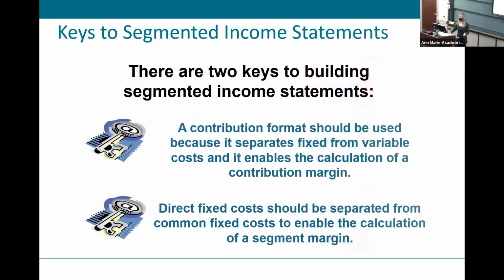All right. There are two keys to a segmented income statement. So if I'm evaluating a segment, I want to look at two different keys to building this segment. The first one is it should be in contribution format. If it's in contribution format, that as a manager is going to allow you to look at that segment, and if it's performing poorly, then you know how to make improvements there, right?